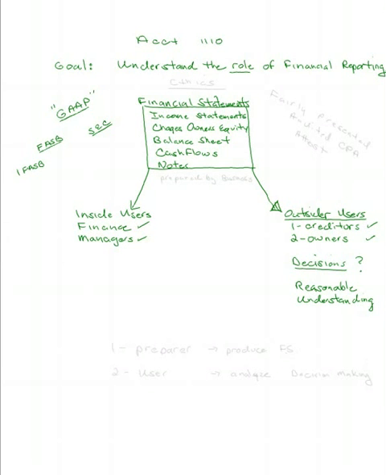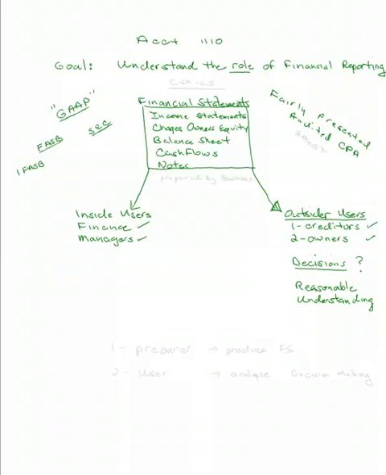As you can see, it would be very important that the information provided would be fairly presented. And the way that this is accomplished is financial statements are audited by certified public accountants. Certified public accountants have gone through a lot of training, taken a test to prove their level of understanding, and they come in and they review the financial statements.